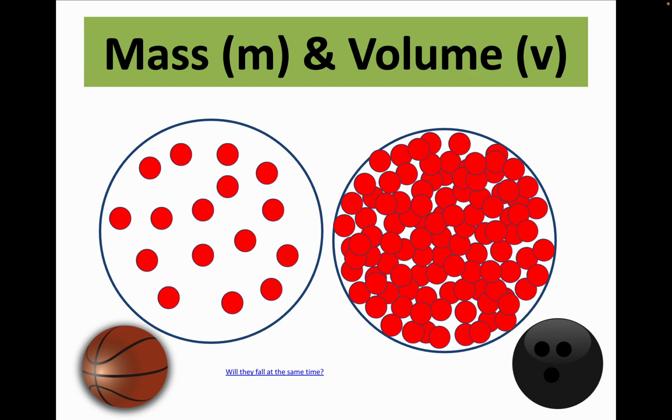There are more red dots. It has more mass. And this can be thought of by the object on the left representing a basketball and the object on the right representing a bowling ball. There's more mass, more matter in a bowling ball. And so it feels heavier because there's more gravitational pull on that mass.